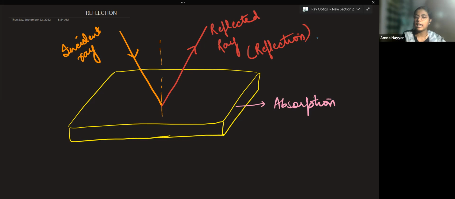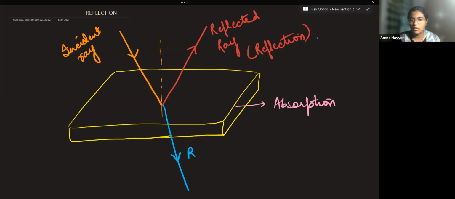And the third thing that can occur is that it can transmit through the surface, which means the light ray that is coming may not travel its exact path, but may get bent. This bending of light from one medium to another medium is known as refraction.